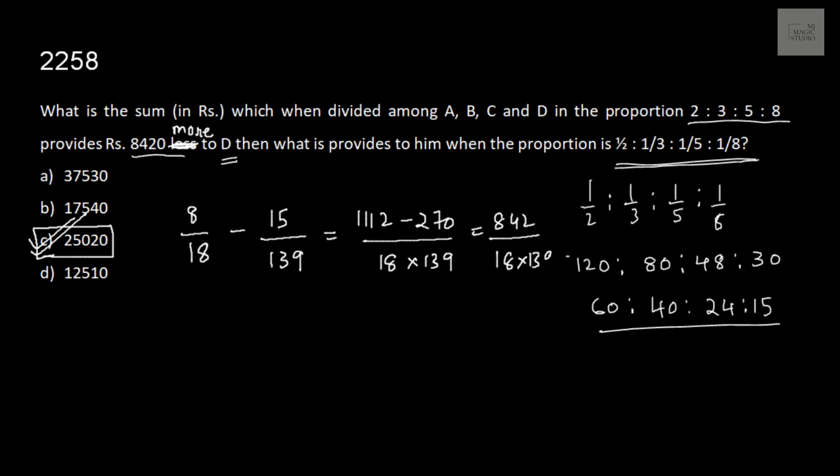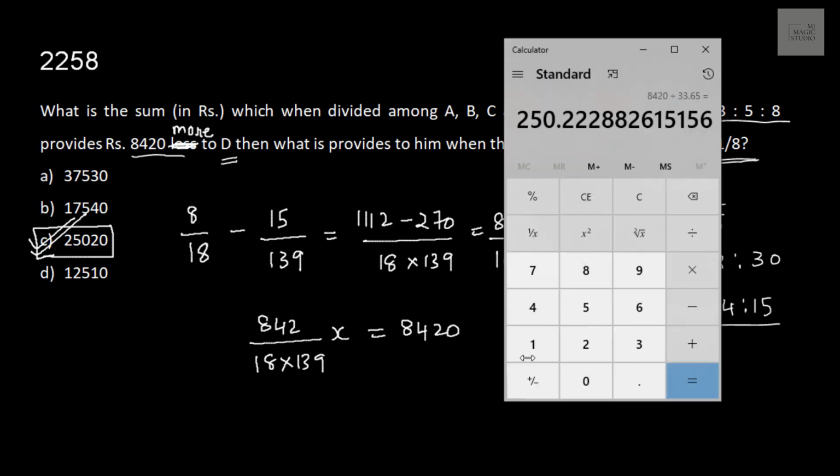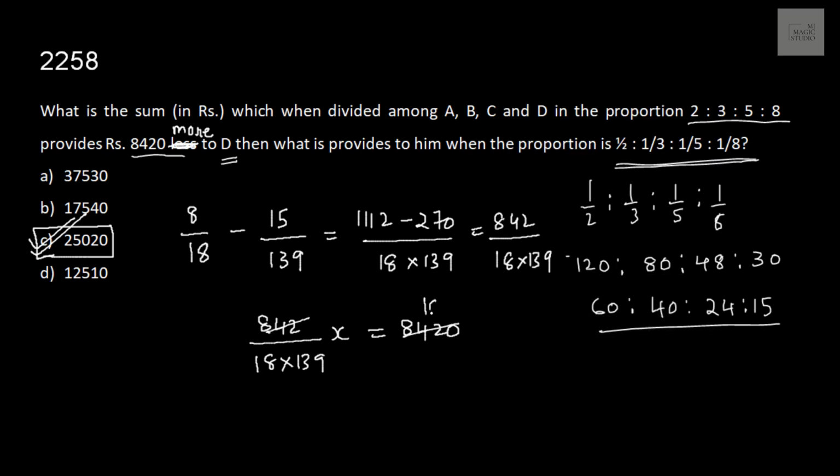Or simply we can calculate this as 842 by 18 into 139 x is 8420, and then we may use this 8420 into 18 into 139 divided by 842 is 25020. It goes 10 times. So the sum which we are talking about is rupees 25,020, that is in option C.